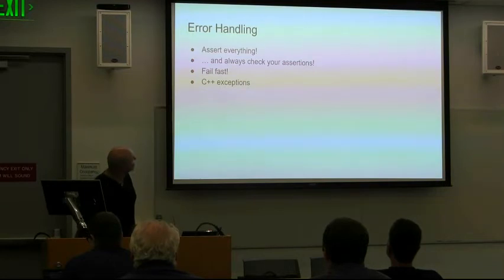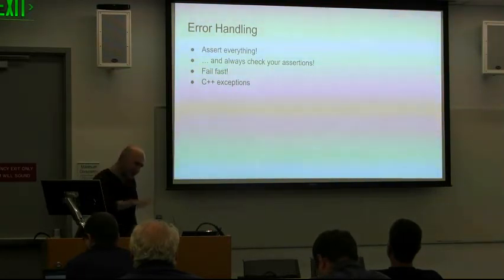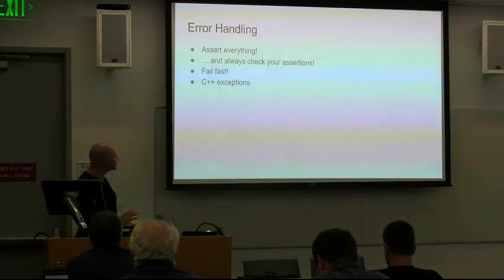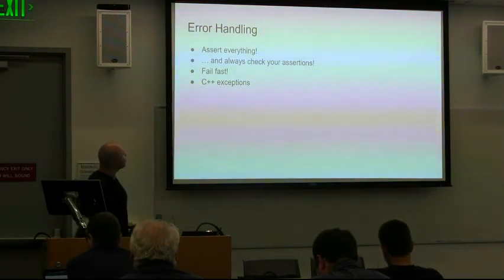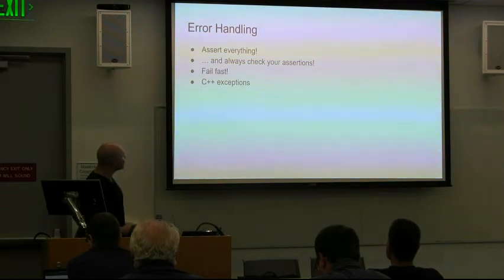Okay, so error handling. This is my favorite slide on the implementation side. I have other favorite slides on the neuroevolution side. I know some people feel strongly about things related to error handling. I've been programming for a while, and I'm starting to form some strong opinions myself.